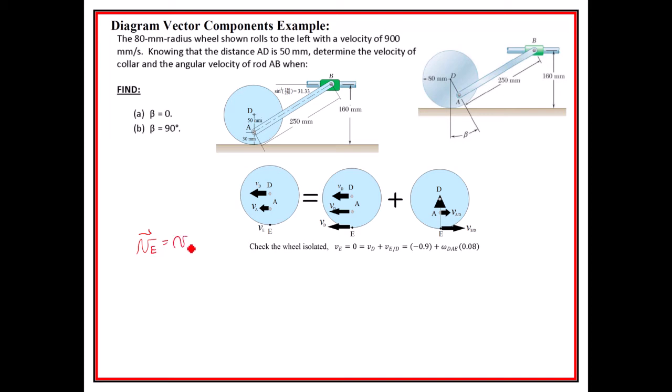But velocity of D, that's the reference thing that we know, plus the velocity of E with respect to D. Because D is the thing that we know, this velocity is going to be 900 millimeters per second, and the speed of E with respect to D, because we want the magnitude, is going to be omega DAE times R. I usually put them in alphabetical order.